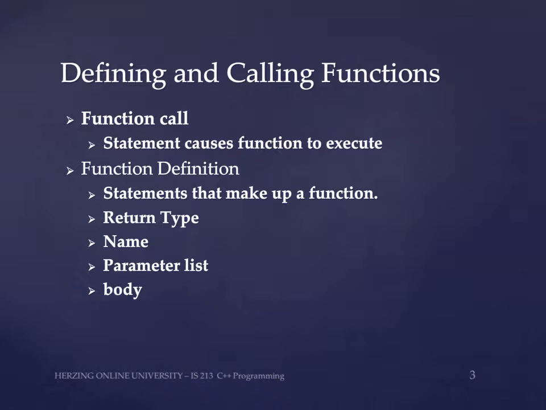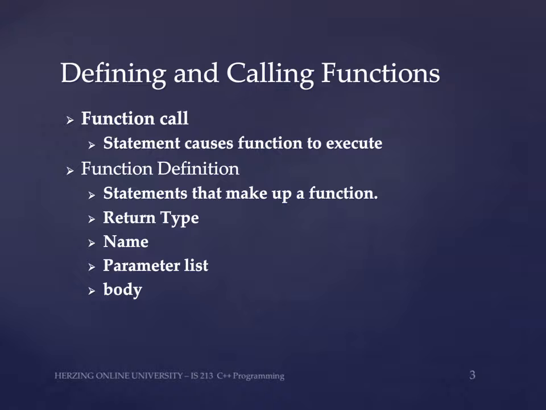The definition of a function could include a return type, name, parameter list, and body. The return type is the data type of the value the function returns to the part of the program that called it, such as a string value, integer value, double, float, and so on.